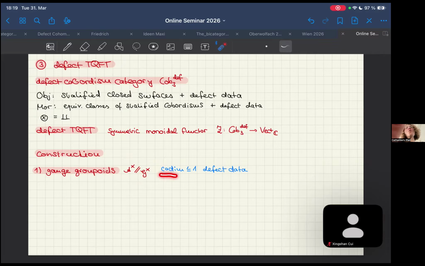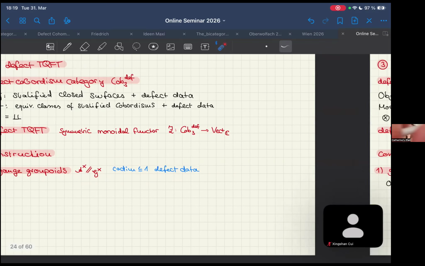And it makes use only of the defect data of codimension 0 and 1. So only of the groups and of the sets with the group actions. So how do we define this, or what is it concretely? I'll say first what it is concretely and then how we get this.